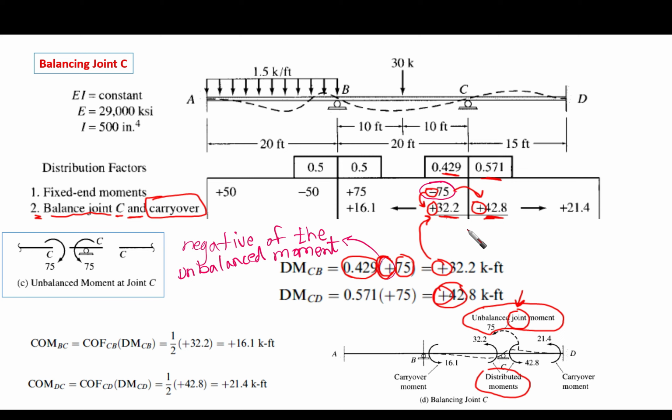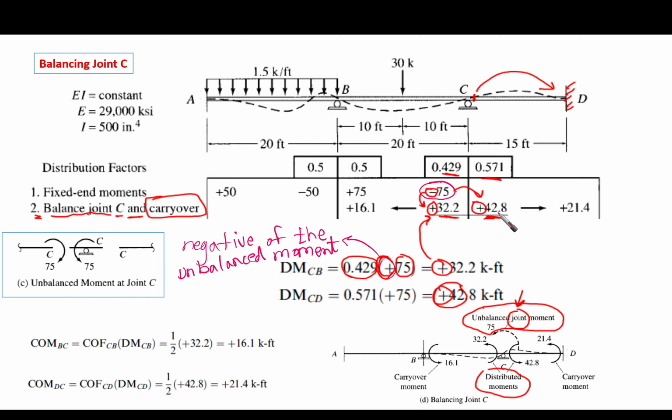Now, we are going to make what? Carry over. As we said, if there is a moment that is going to be developed here, there is a moment that is going to be carried over by this point. How much? What is the far end here? It is fixed. Then half of the moment that is developed here is going to be carried over.